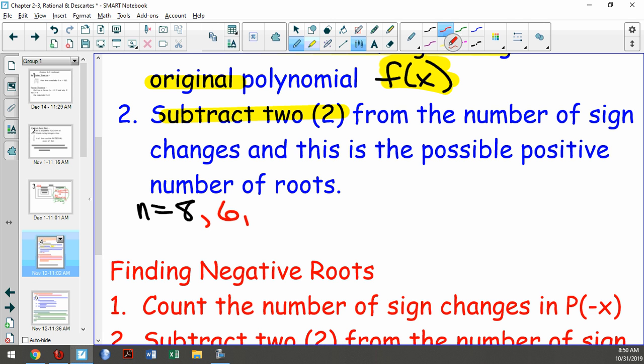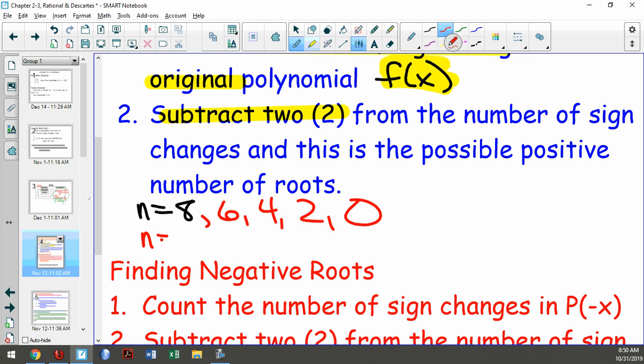Now subtract 2 again from 6, and what does that give me? 4. Now take and subtract 2 again. That gives me 2, and now subtract 2 again, and that gives me 0. So if I have 8 sign changes in my polynomial, I'm going to have 8, 6, 4, 2, or 0 positive roots. I can't have 1, I can't have 3, I can't have 5, I can't have any of the odd numbers. Do y'all understand that?